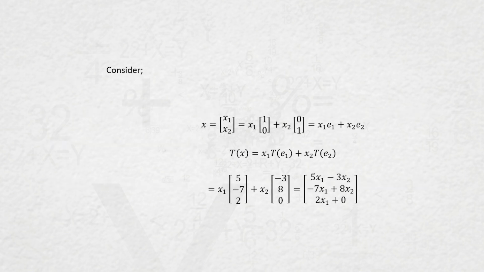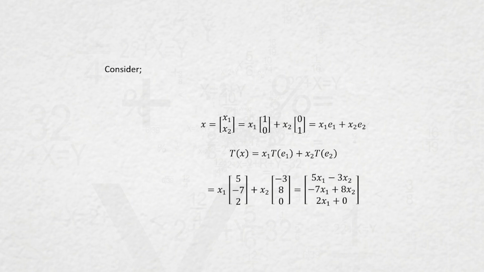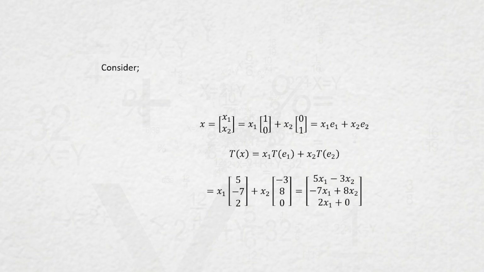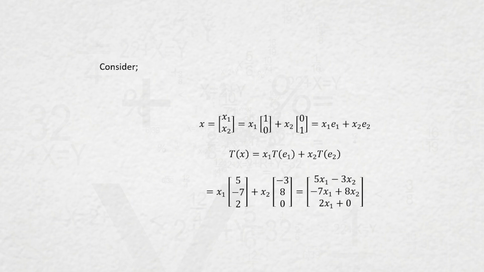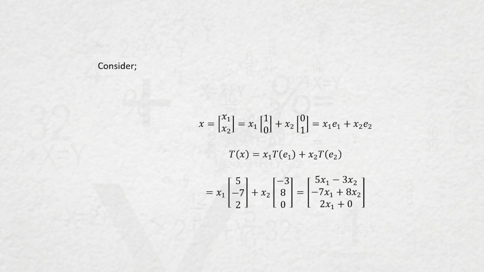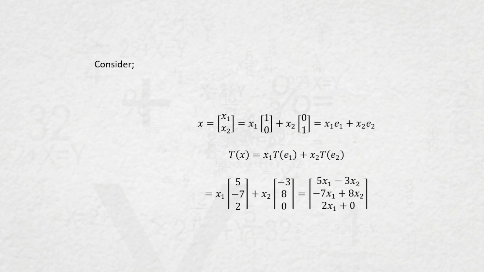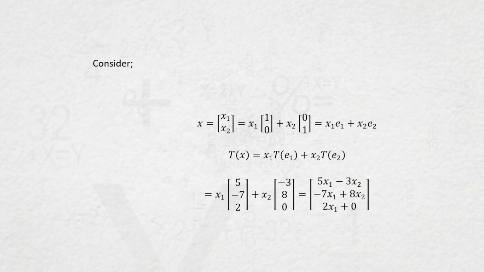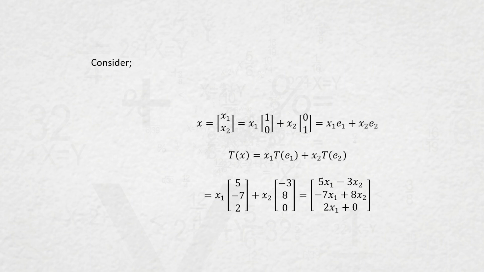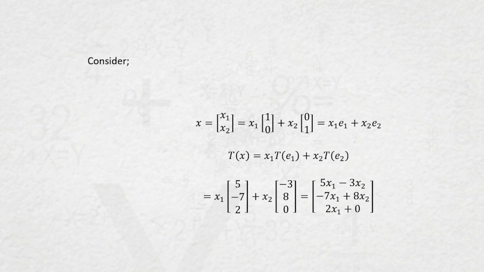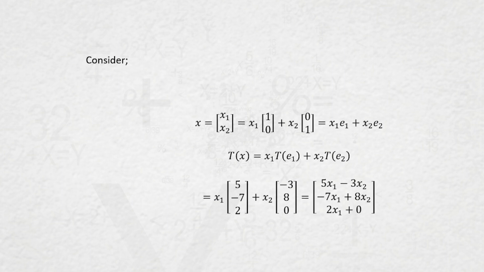Consider this x to be x1 x2. That can be written as x1 multiplied by 1 0 plus x2 multiplied by 0 1, and 1 0 can be written as E1 and 0 1 can be written as E2. Therefore, we have T of x equal to T of x1 E1 plus x2 E2, and we have already proved that T of 0 is equal to 0.